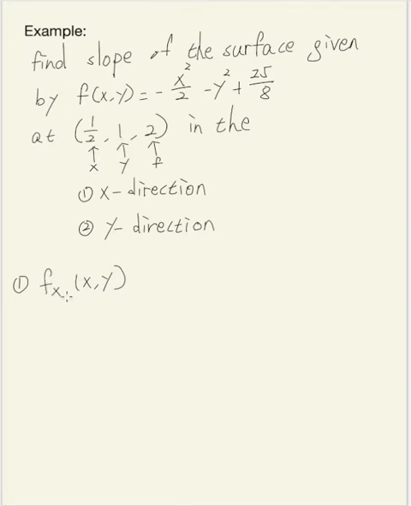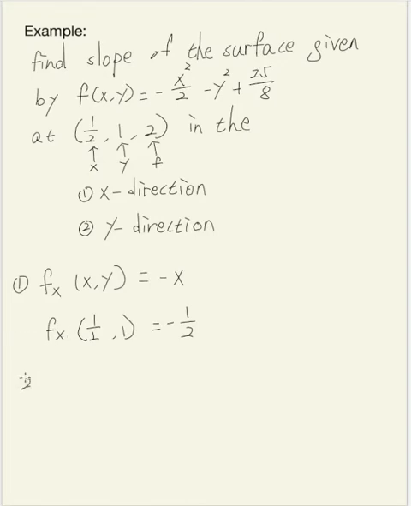So we first take the partial derivative with respect to x. We get minus x, and since y is a constant, that becomes 0, and the derivative of 25/8 is once again 0. So that's just minus x. Therefore, f_x evaluated at 1/2 and 1 equals minus 1/2. Okay, so this is the slope in the x direction.